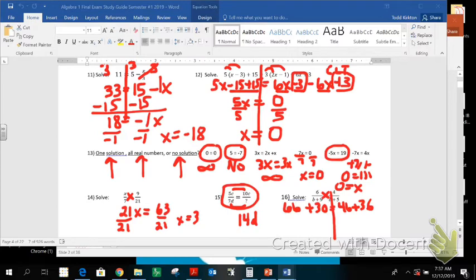I'm going to get the numbers on one side and the variables on another. So I'm going to subtract 4b. So 2b plus 30 equals 36. Now I'm going to subtract 30 from both sides. I get 2b equals 6, b equals 3. Again, you should be pausing this and working it out, and then you can check the answers.